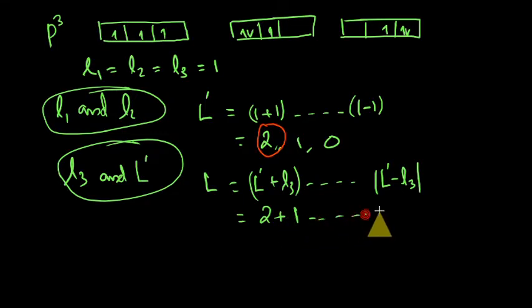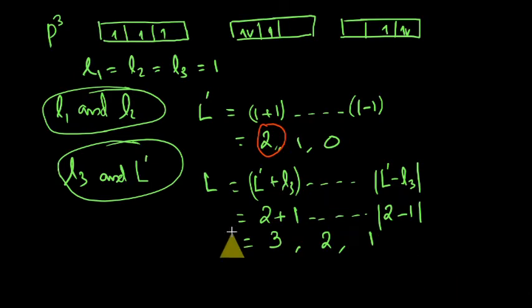And from there we have 2 minus 1, that is equal to 1. So beginning from 3 we go down to 1: 3, 2, 1. So this is for L dash is equal to 2.